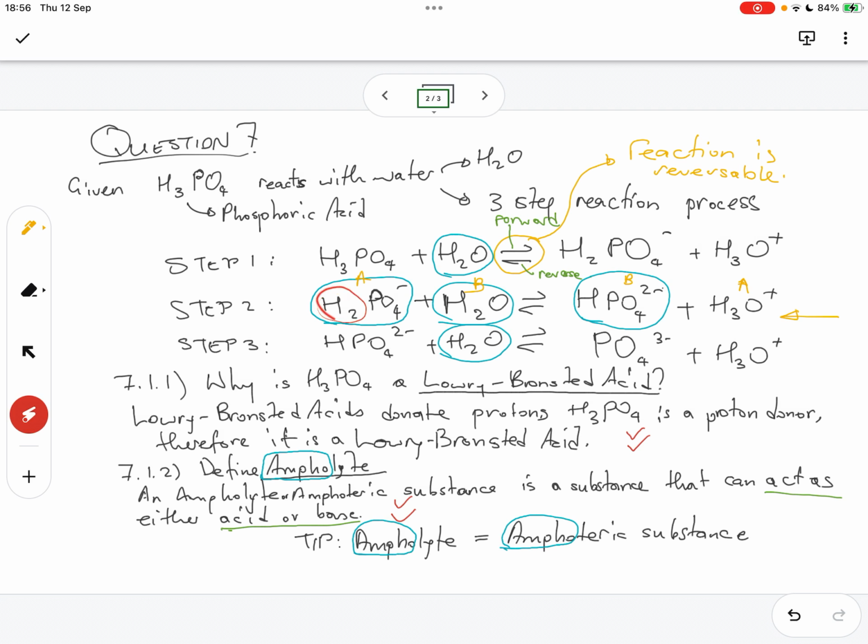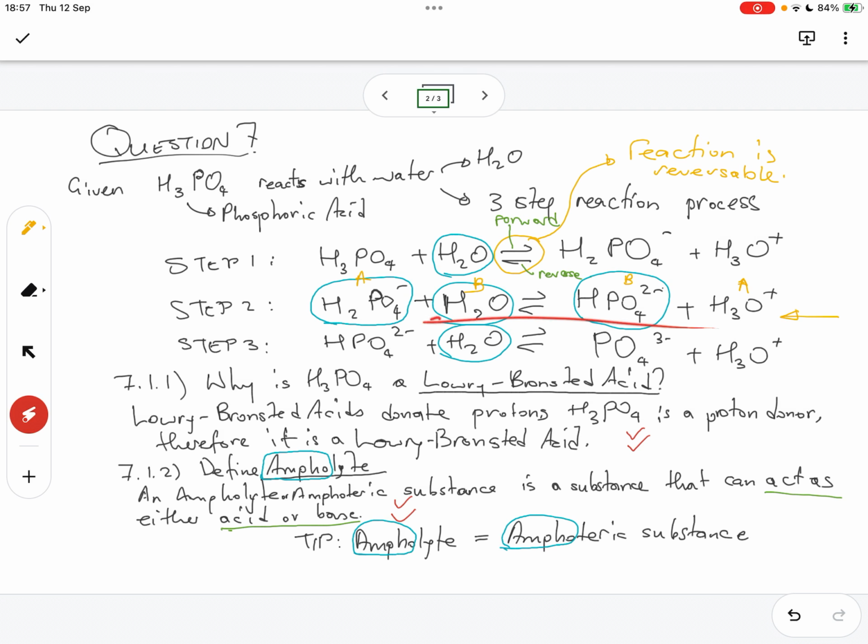So the H2 has changed to just H. That means this one has acted as an acid in this reaction, whereas the water molecule has acted as a base, so that we can get these two products, HPO4 2 minus and H3O plus. And this is for the forward reaction.